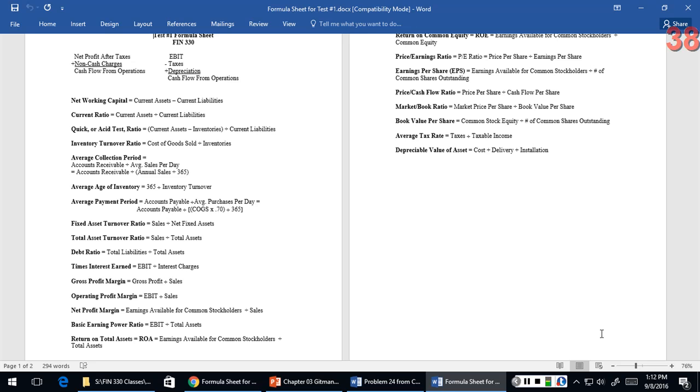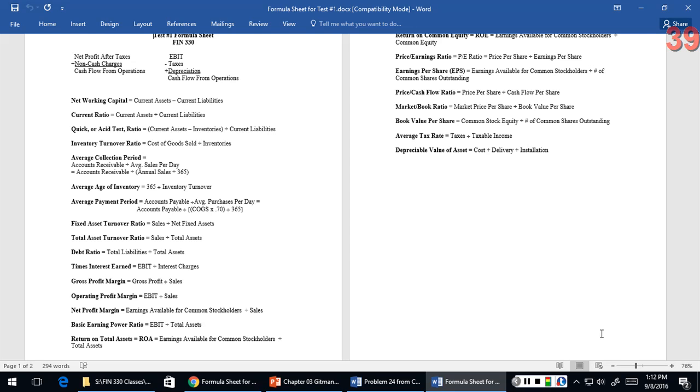The company you're working with now does not have preferred stock, it just has common stock. So in that case, earnings available to common stockholders is the same thing as net profit after taxes, the very bottom line of your income statement.